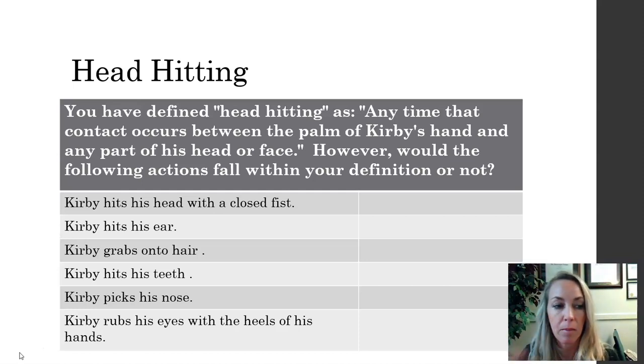Well, he might have contact of the palm of his hand to his face, so picking his nose might be considered head hitting. And then Kirby rubs his eyes with the heels of his hands. Is that head hitting? So we need to really refine our definitions to make sure they are complete with inclusion and exclusion criteria. You need to know what exactly you mean by head.